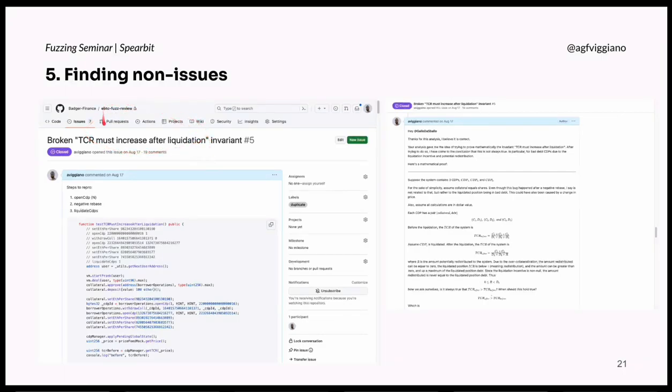But the problem is that we later found out, after many discussions and many unit tests, that this was actually expected behavior. Sometimes the TCR can decrease, and the point is if there is redistribution of bad debt. Basically, you're always incentivizing the liquidator to take an unhealthy position out of the system.